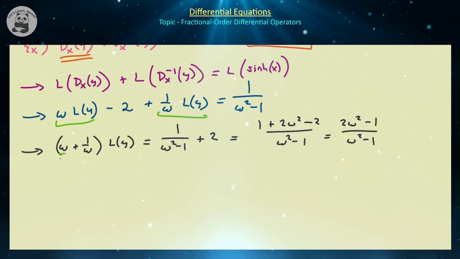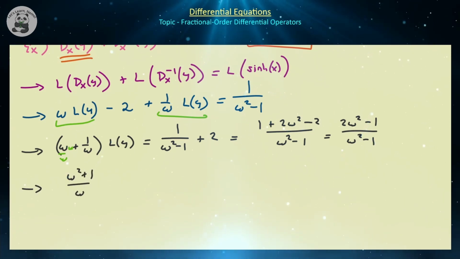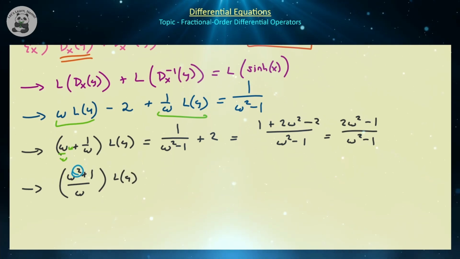Over on the left-hand side, I'm going to get a common denominator of omega, and that's going to give us omega squared plus 1 over omega. So in some sense, you can view this as a second-order differintegral equation. And on the right-hand side, we're just left with 2 omega squared minus 1 over omega squared minus 1.